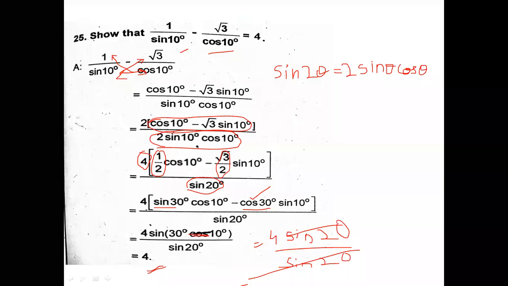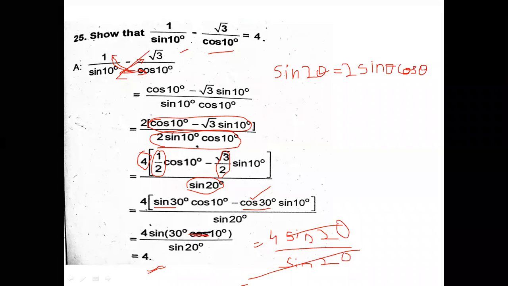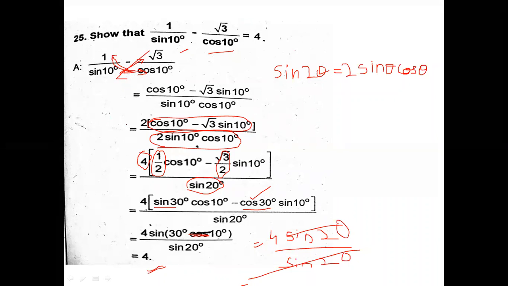So in this problem, first of all, we have cross multiplied: 1 into cos 10 minus root 3 into sin 10, and in the denominator sin 10 into cos 10. Then we have multiplied and divided by 2, because 2 sin theta cos theta is sin 2 theta, so sin 10 cos 10 has been converted to sin 20. Then from the numerator we have taken 2 as common.